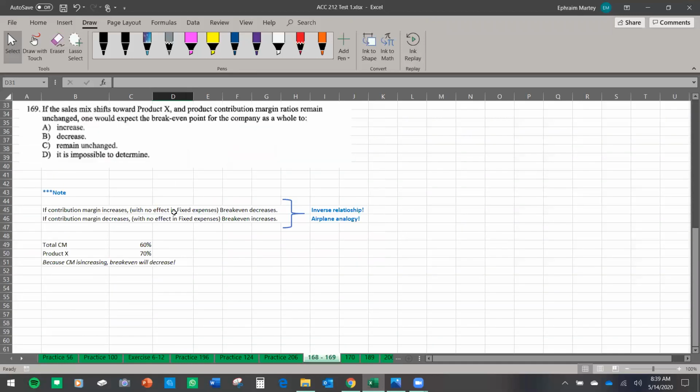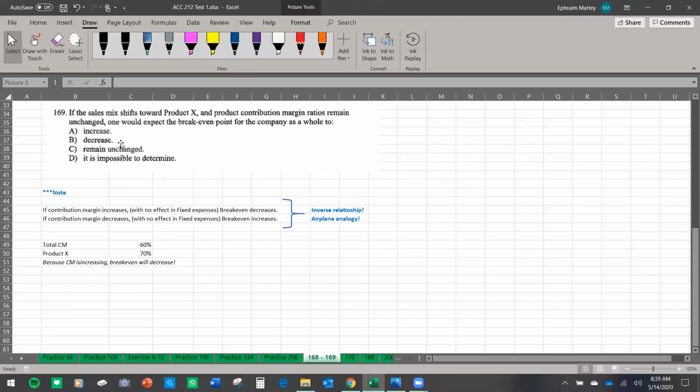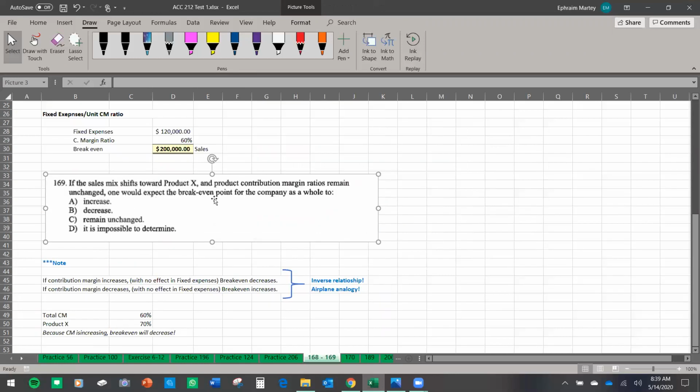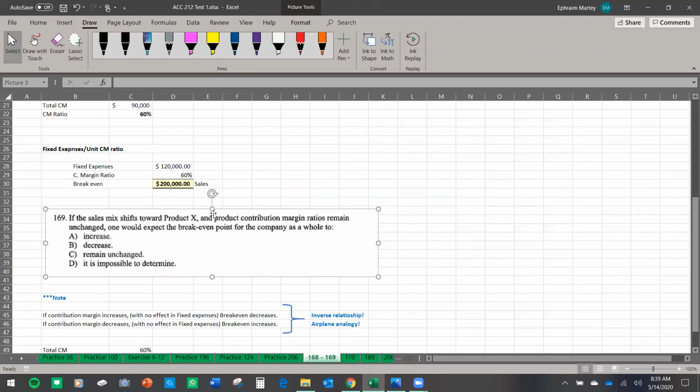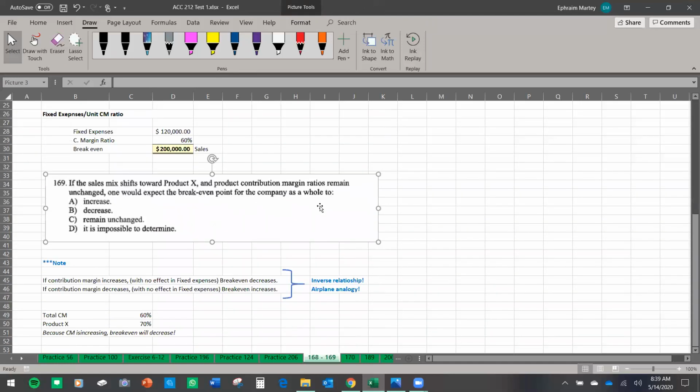In this case, sales mix is shifting. Sales mix is shifting toward product X, and this is our product X, unchanged, and fixed expense remains unchanged. What will happen?